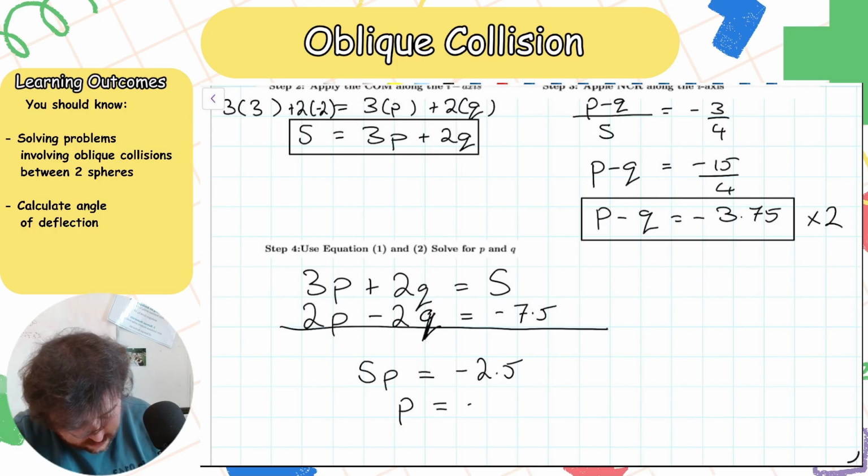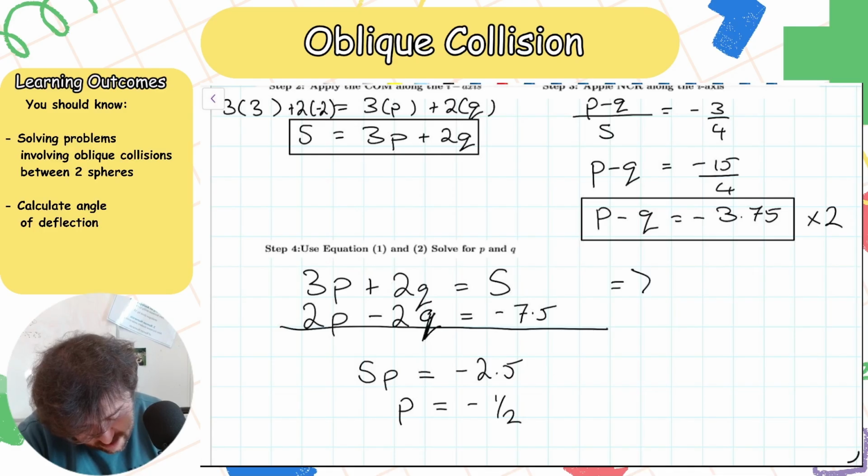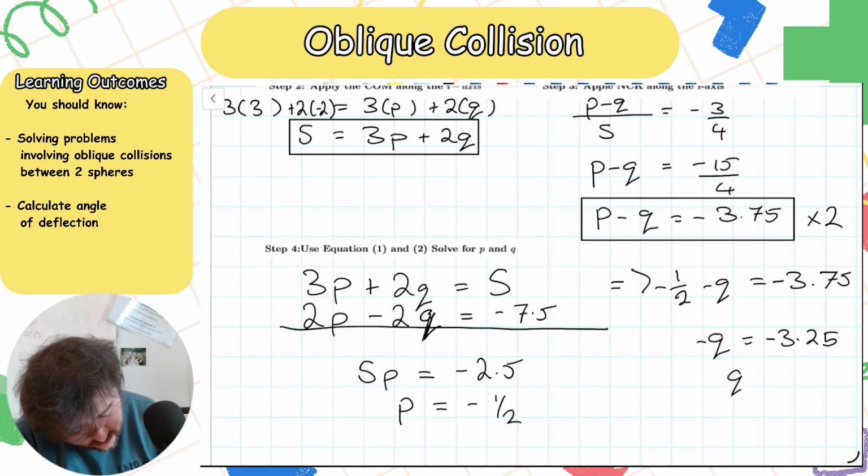P is going to be equal to minus a half. And then therefore, if p is equal to minus a half, so minus a half minus q is equal to minus 3.75. Minus q then is equal to minus 3.25. Q is equal to 3.25.